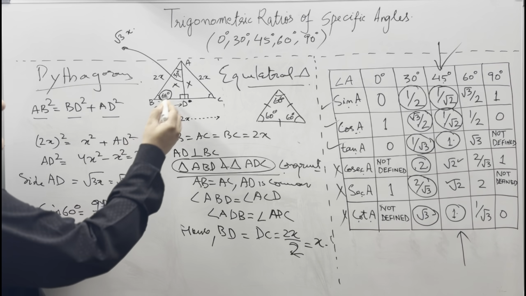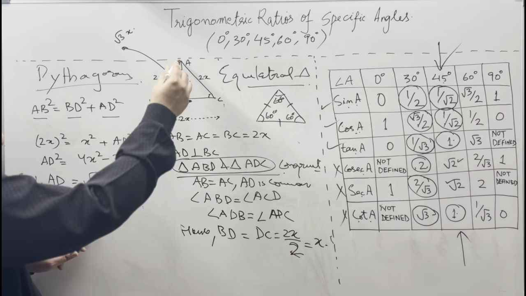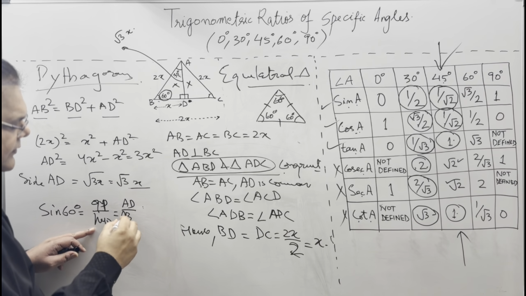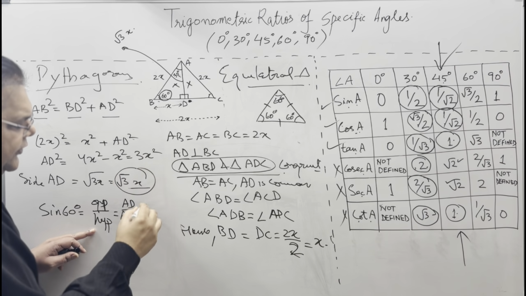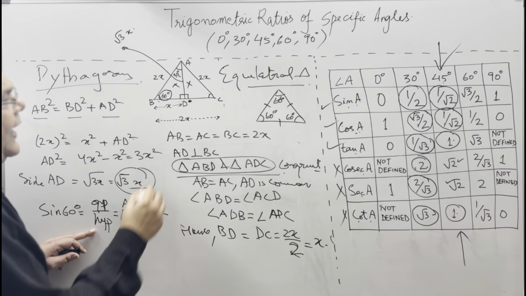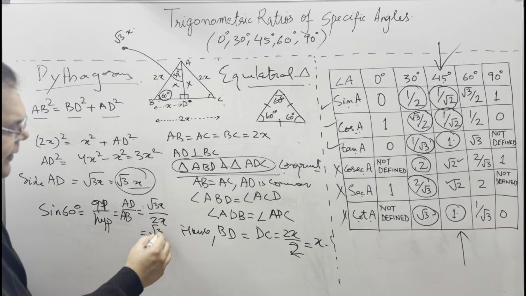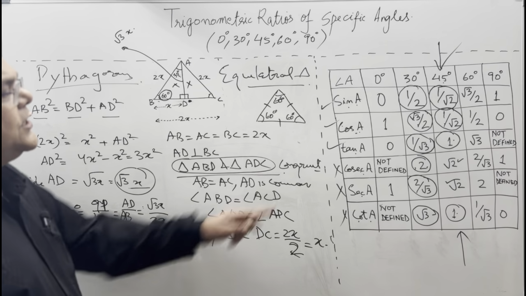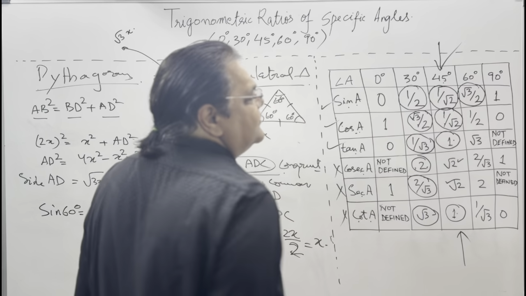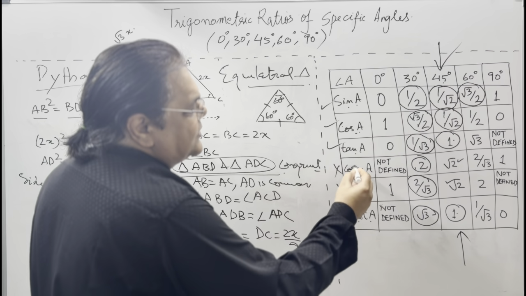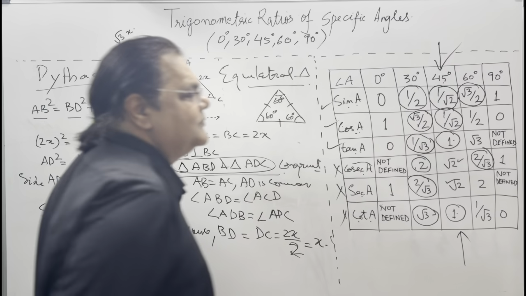Opposite is AD and the hypotenuse is AB. AD we have calculated as root 3x and AB is 2x. So you get root 3 by 2. So what is sine 60? You can check in the table. That is root 3 by 2. And the reciprocal, that is cosec 60, is 2 by root 3.